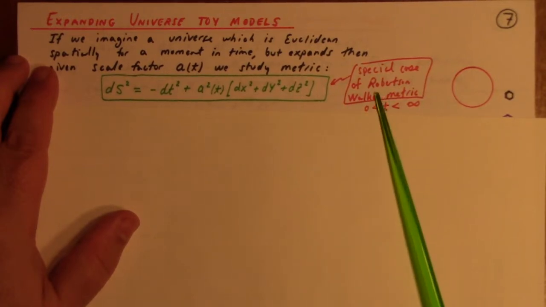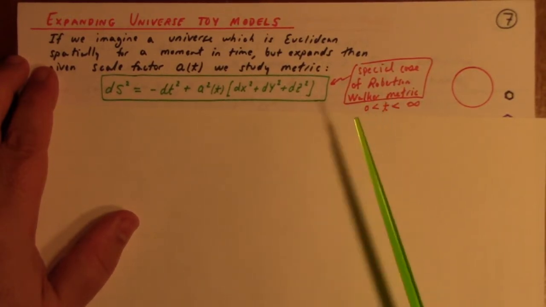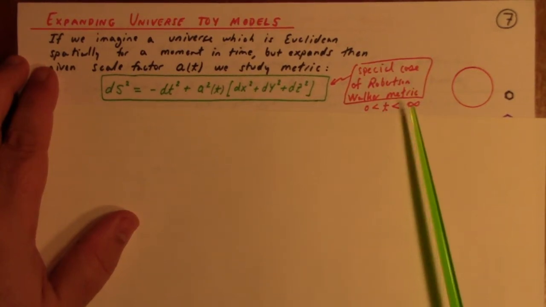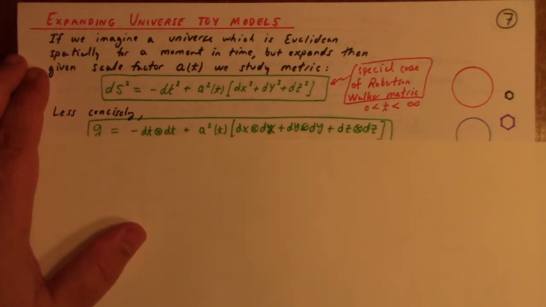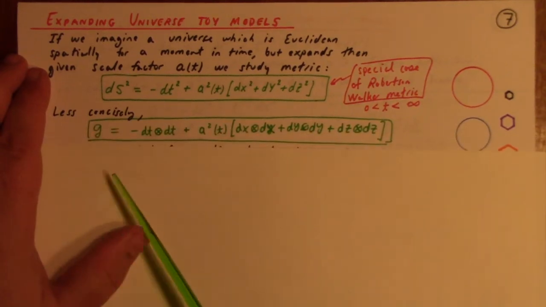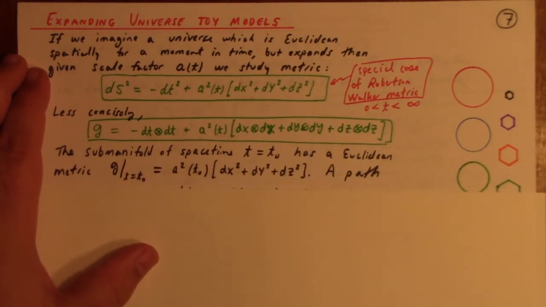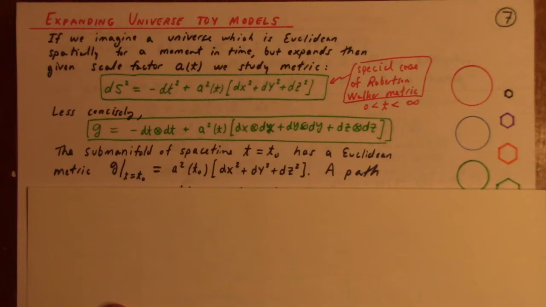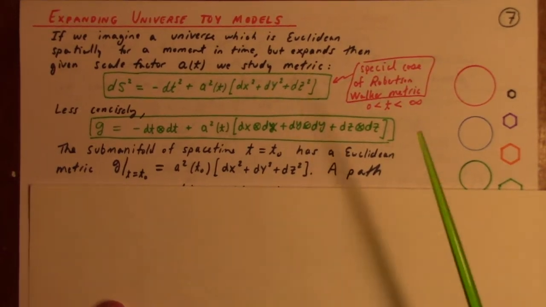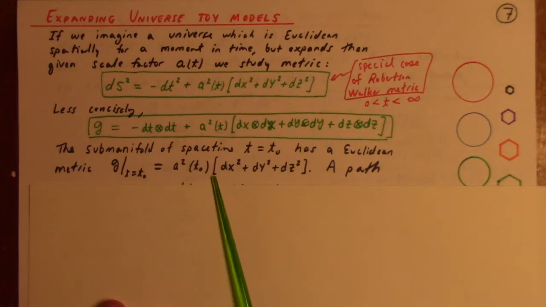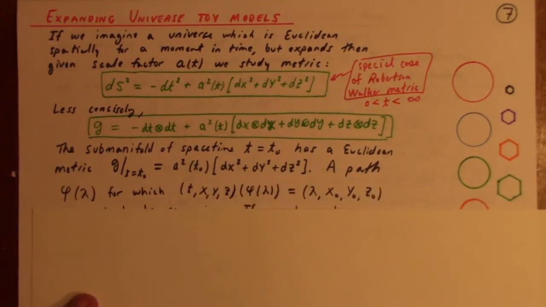This is a special case of what's called the Robertson-Walker metric, and for physical reasons we're assuming that time is greater than 0. Here's what it looks like in terms of clumsy tensor notation. If you look at the submanifold of spacetime of fixed time, if we take a fixed time slice, then you've got a Euclidean metric with a particular scale factor out front, right?